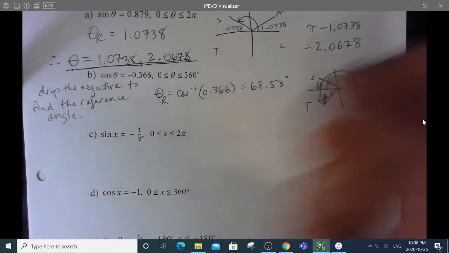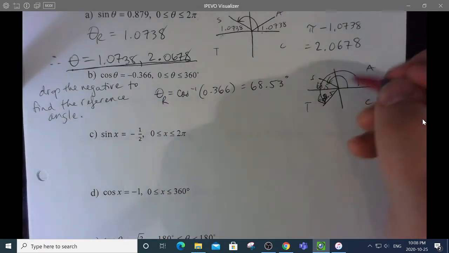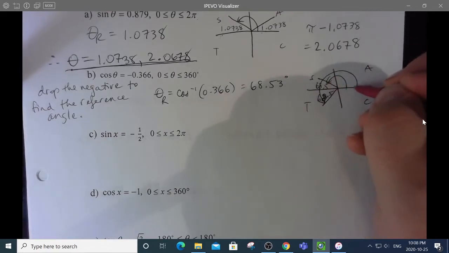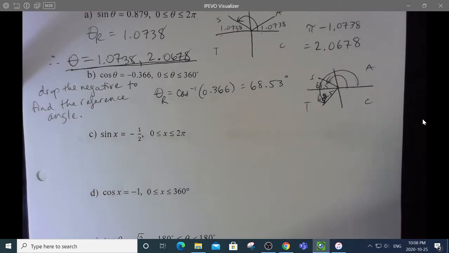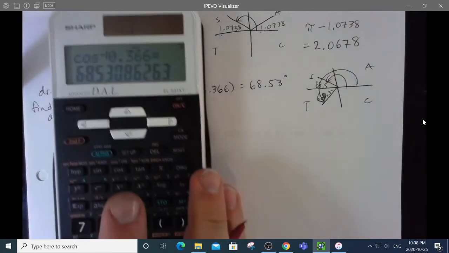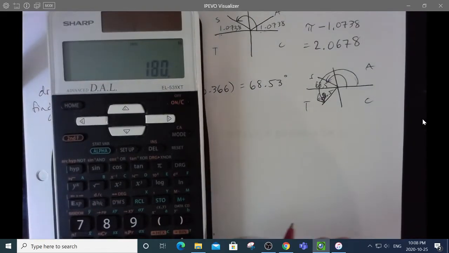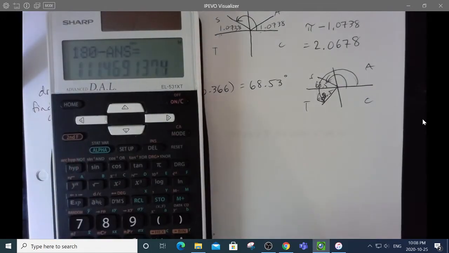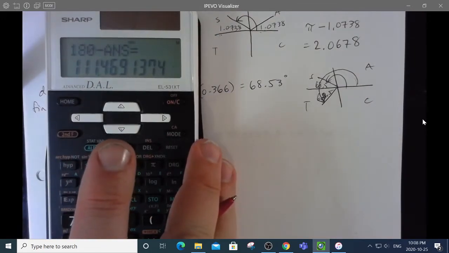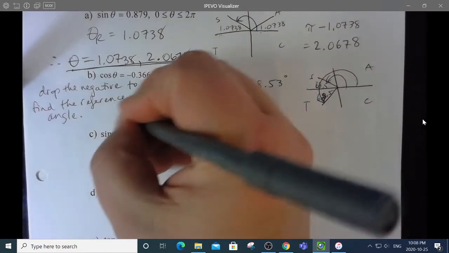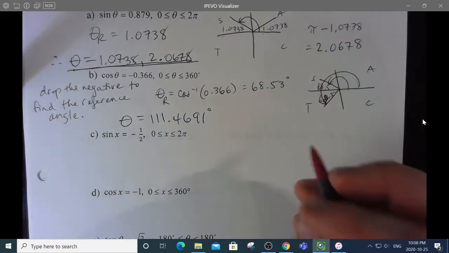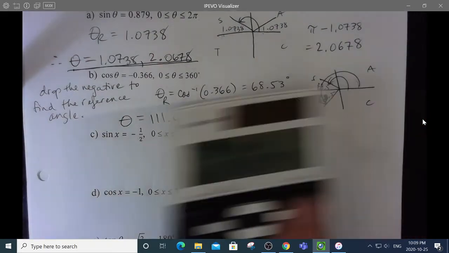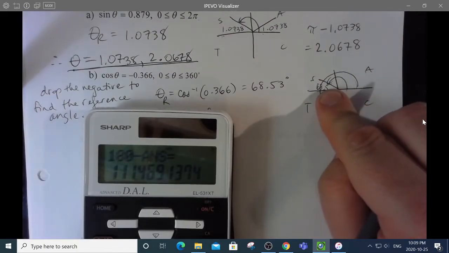It says I have to find all the angles between 0 and 360. So one of them is going to get me to here, and the next one's going to get me to there. So the first one would be 180 minus this angle. So 180 minus my answer, and that's 111.4691 degrees. And my second answer would be 180 plus that angle.